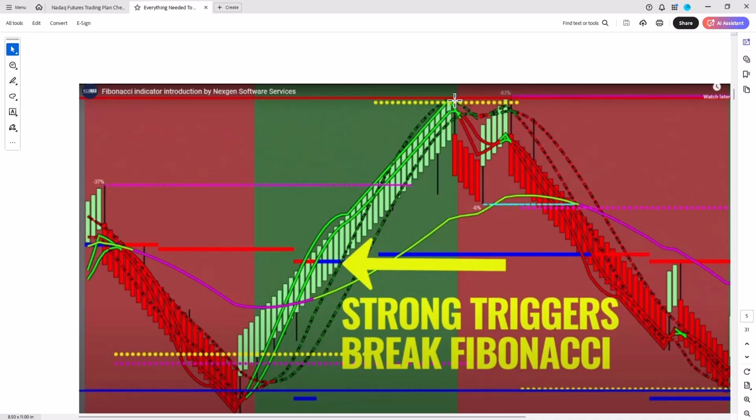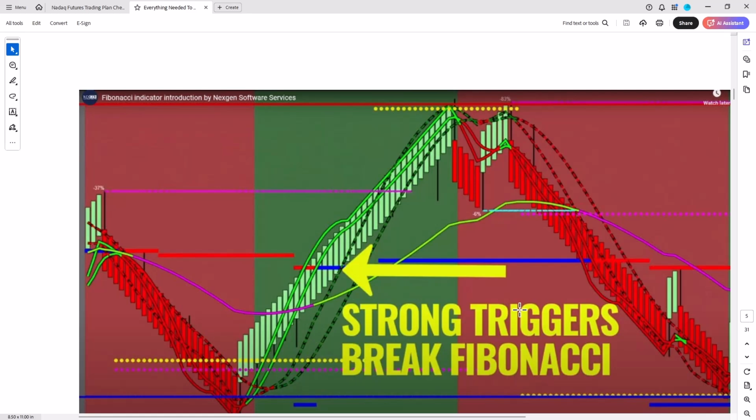And anytime you have weak triggers at Fibonacci resistance, it has a higher potential to hold. And what we're looking for, the best tops and the best bottoms that we get, is when we retest an area and the triggers are even weaker the second time than they were the first time. And that'll end up giving you divergence, this little negative number.